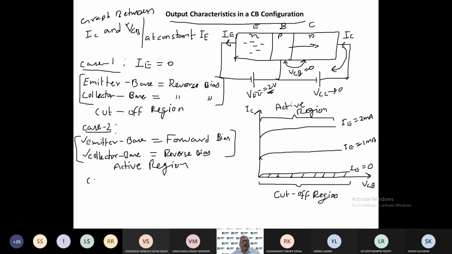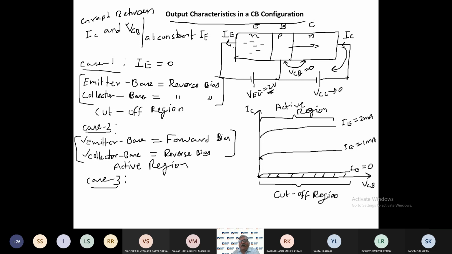Now we see case 3. When VCB is 0 here, even then you find that some current is there. Why? Because all the electrons coming from the emitter, since the base is very thin, will cross and come to the collector and form the current.